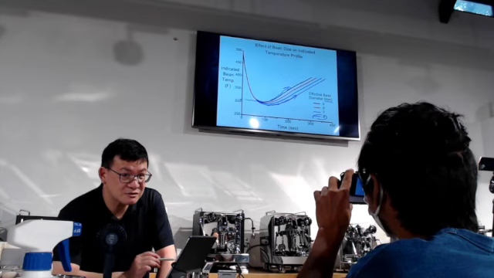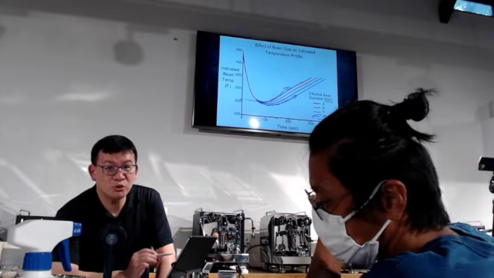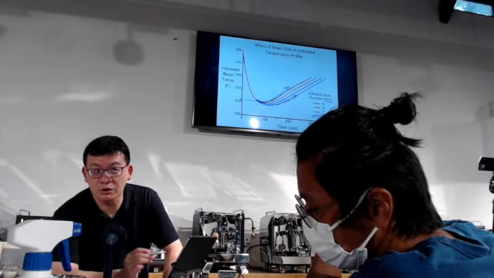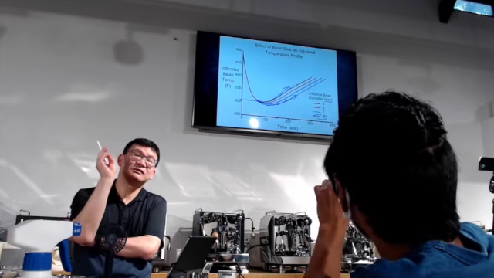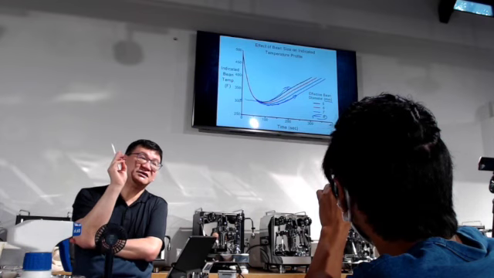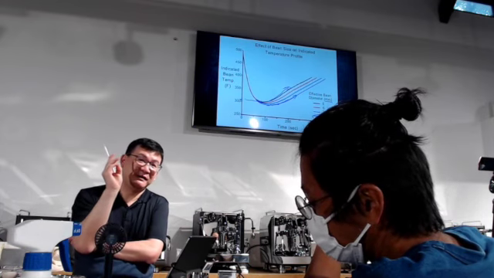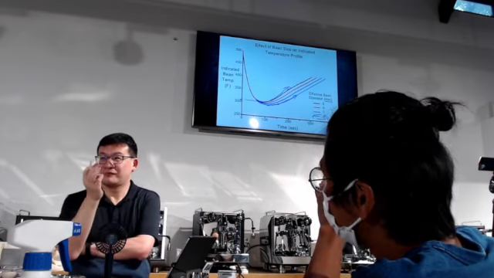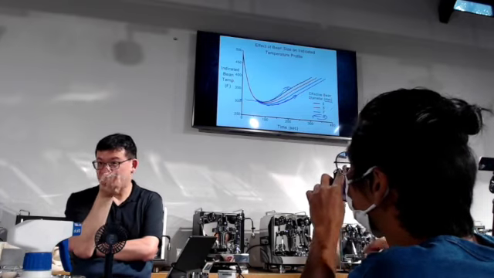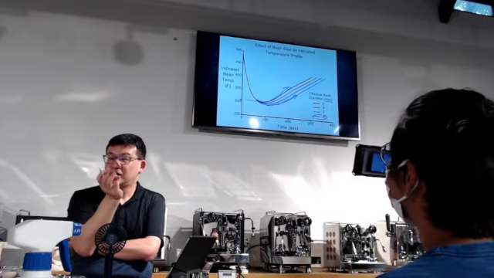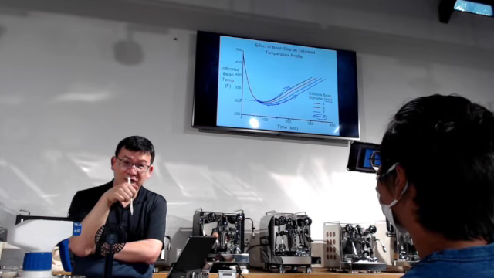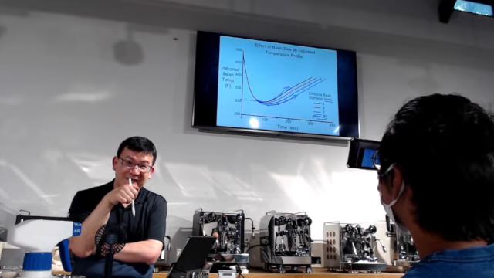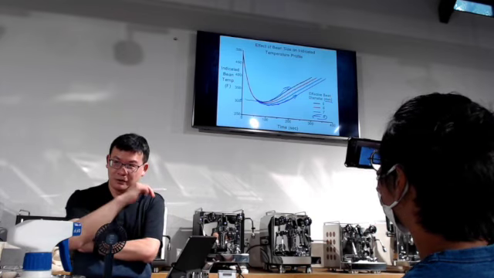So that means when you roast the small size Ethiopia, like Tamiru, okay, Tamiru bean size is very small, so should the turning point go high or low? Low.